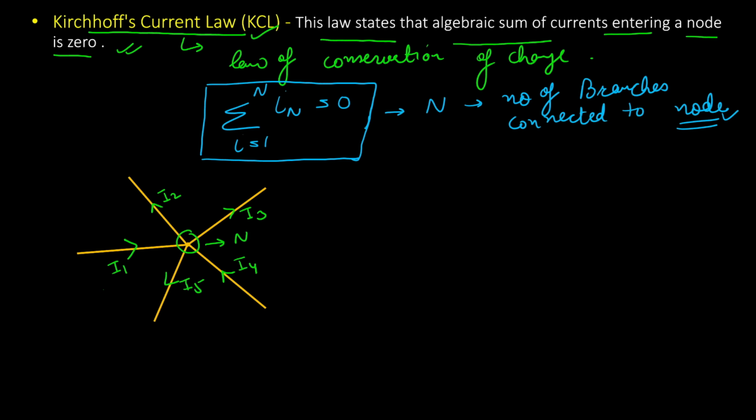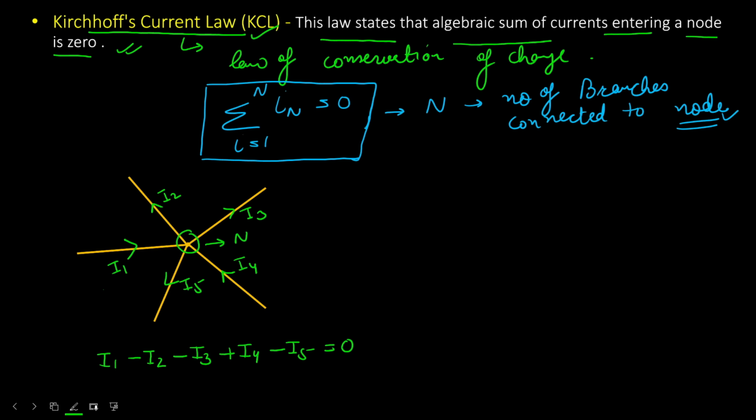So according to KCL, we can say I1 minus I2 minus I3 plus I4 minus I5 will be equal to 0.